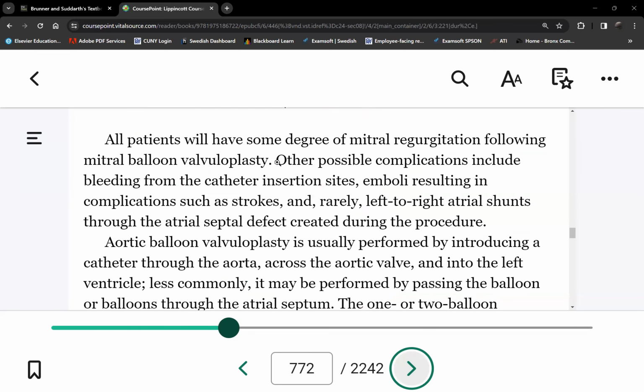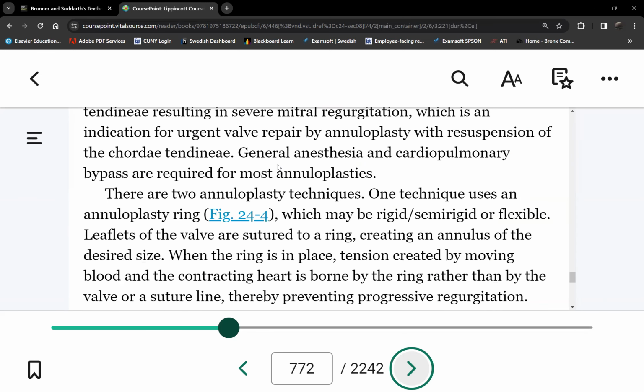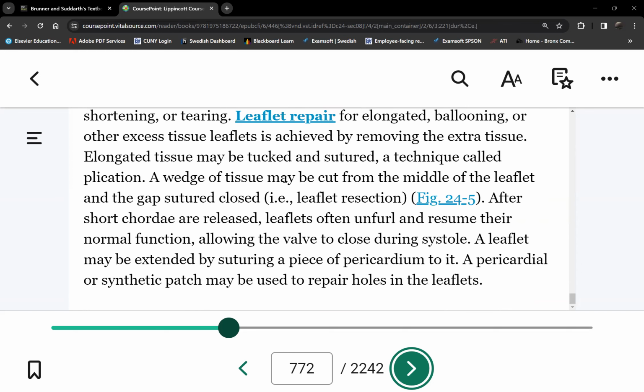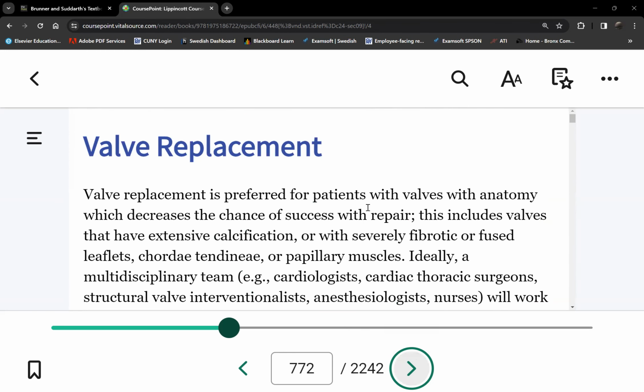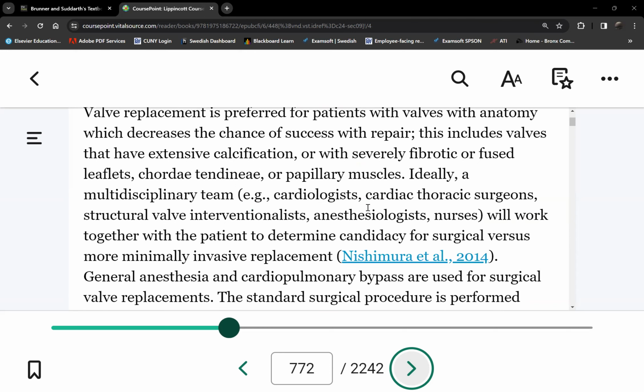Now let's go to the replacement. Now we go to replacement. There are two options to replace it with.